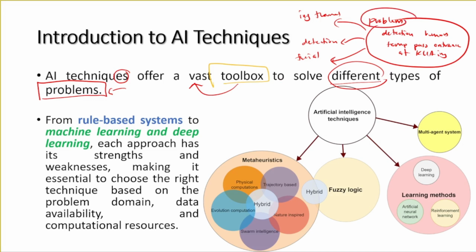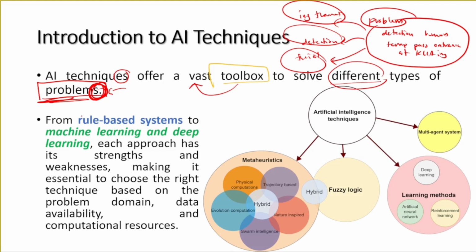So based on this particular problem, even though the problem is the same, the solution might be different. So we might use classification, we might use segmentation, or we might use face recognition, right? So there will be various options. So this is the main thing in AI. You need to digest the real problem which we face. Okay. So from the rule-based system to machine learning and deep learning.